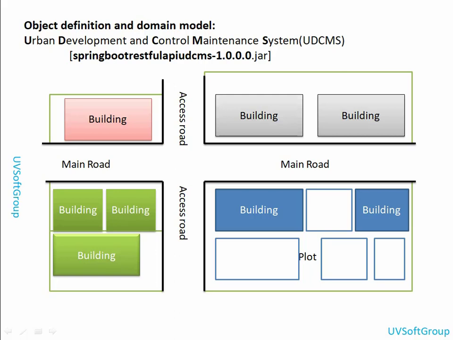This monolithic application is a little bit segregated. I mean, the plot is one module of the application, the building is one module, the floor is one module, and the unit is one module.